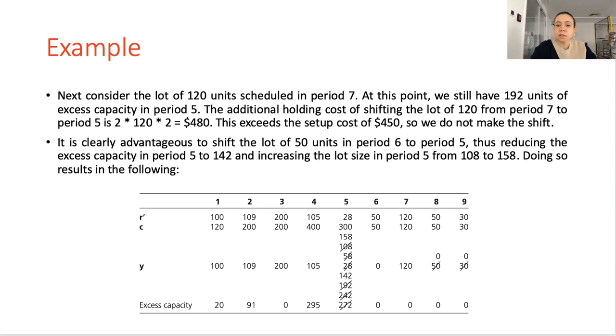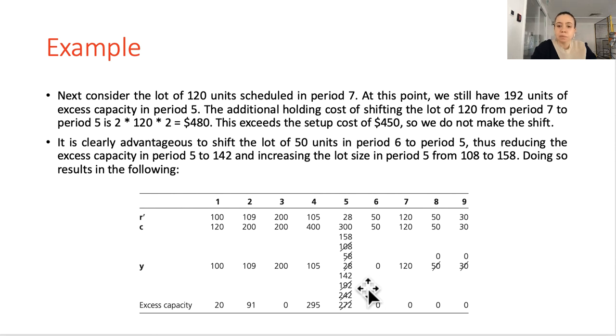When I calculate the holding cost, I see that the holding cost is $480, and this exceeds the setup cost of $450. So it is not reasonable to shift this plan to the previous period, week 5. So now I decide that, okay, let's keep this production lot in its period.